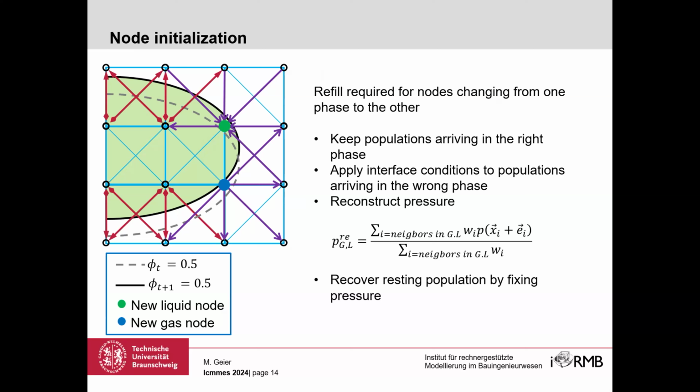The only thing that we really have to reinitialize is the resting population, and the resting population we get by taking the pressure from the phase with which we want to reinitialize. So we look up the neighbors and then make a weighted sum over this, using the lattice weights and dividing by the sum over the weights. Now we recover the pressure there, and from the pressure, we recover the resting distribution.